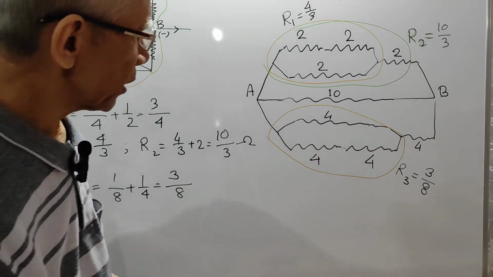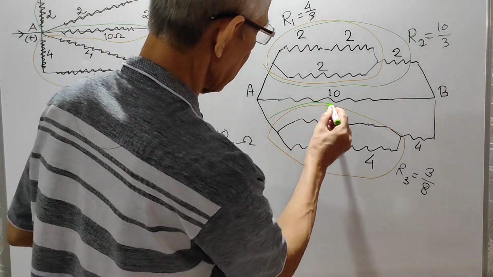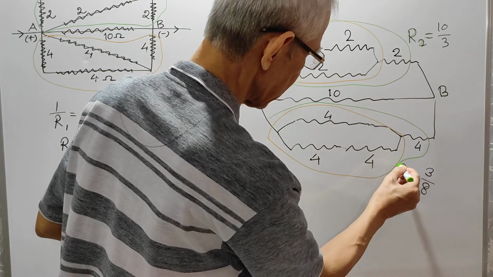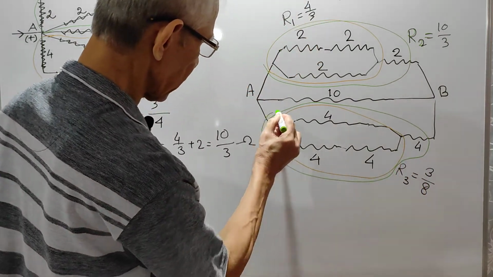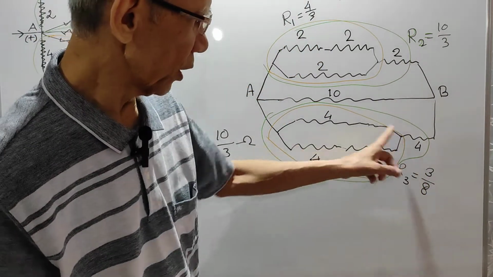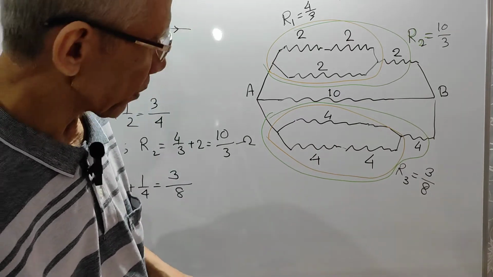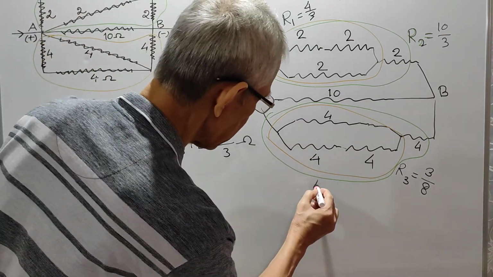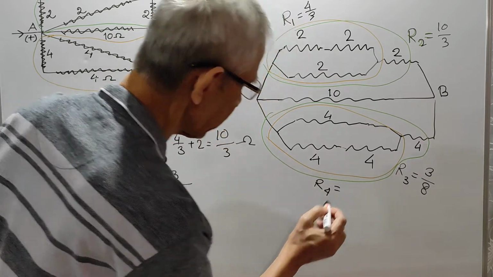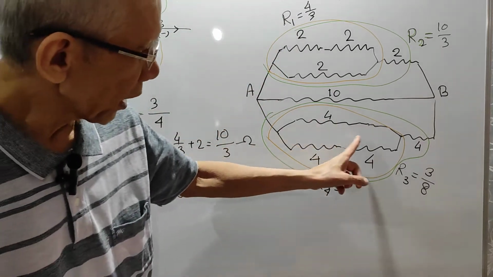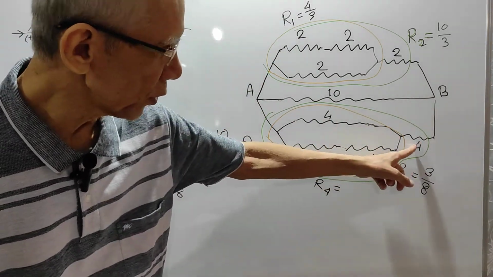Now let us calculate the whole thing. The group of these 4, let us call it R4. What will R4 be equal to? This group and this 4 are in series.